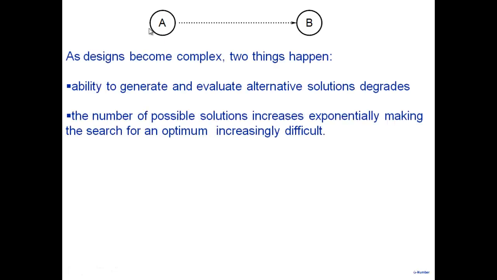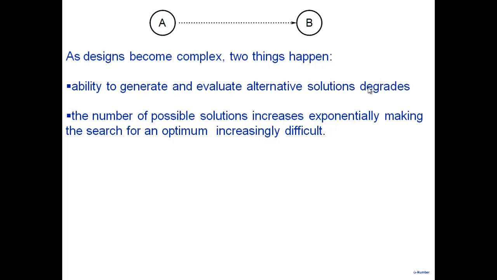The other one is, suppose I make the journey a little bit more complex. So instead of traveling from, as I said, your hostel to the station, you have to travel from your hostel to, say, a different hostel in IIT Delhi. So now, two things happen. As design becomes more complex, generally your ability to generate and evaluate alternative solutions degrades, because remember, the time is limited.